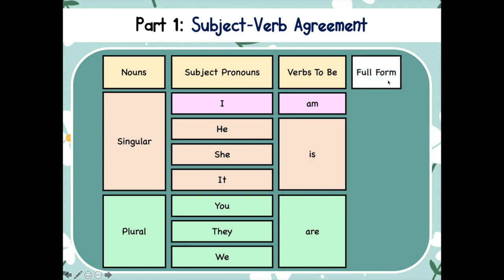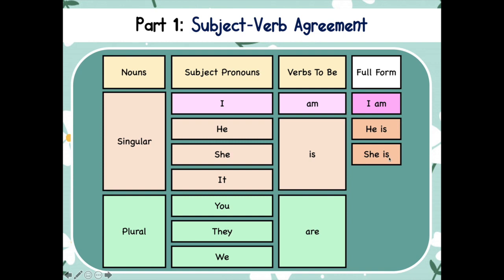Next is the full form. The full form means the combination of the subject pronouns and the verbs to be. For the first one, it will become I am. So when we combine the subject pronoun I and the verb to be am, it will become I am. Same goes to the subject pronoun he. He is will become he is.